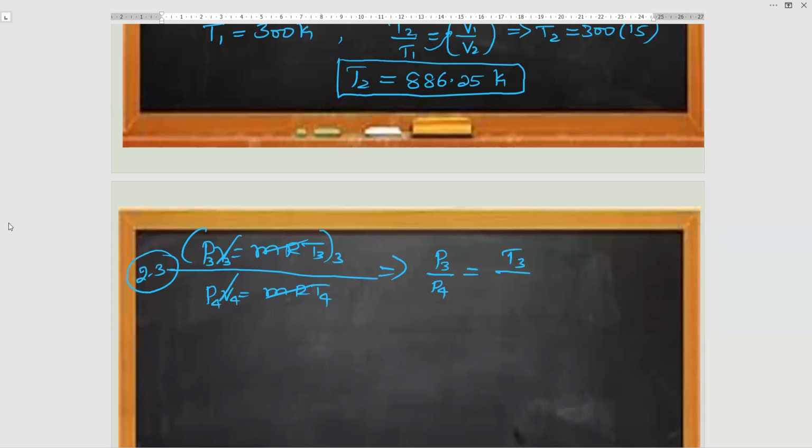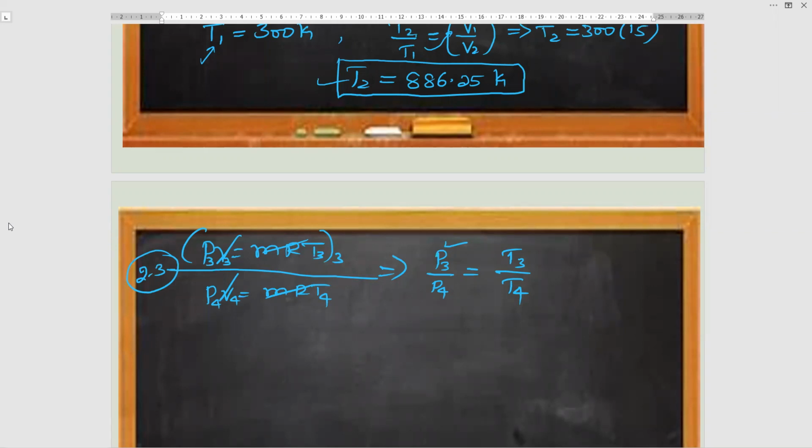So T3 divided by T4. But we don't know T3. We have calculated only T2 and we know T1. We know P3. Okay, how to calculate this value? Any idea? Anybody please help me. Write down this equation.